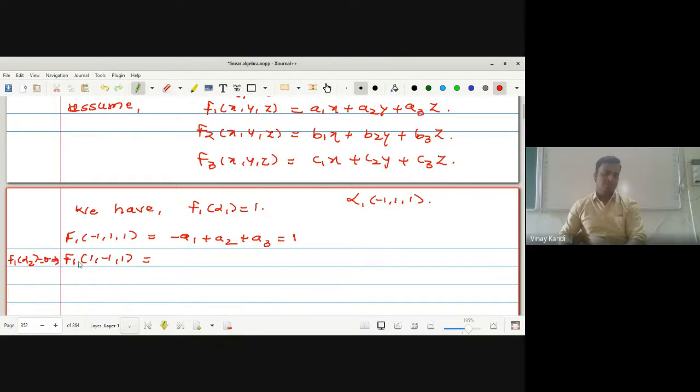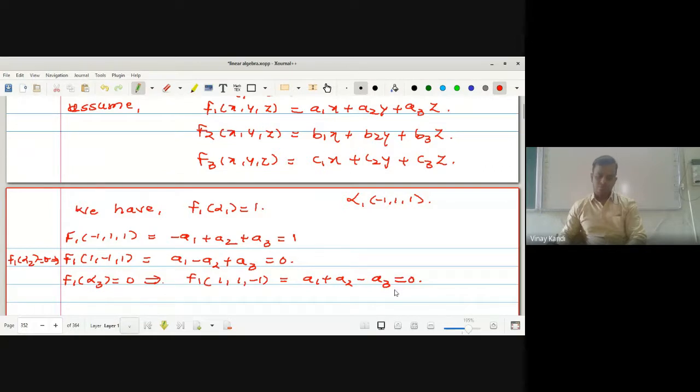This implies f1 of (1, -1, 1) is equal to a1 minus a2 plus a3, which is equal to 0. Now write down f1 of alpha 3 is equal to 0. So this implies f1 of (1, 1, -1) is equal to a1 plus a2 minus a3 is equal to 0. Now we have three equations in three unknowns.